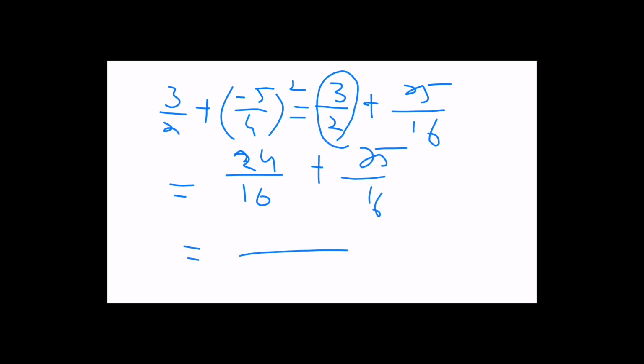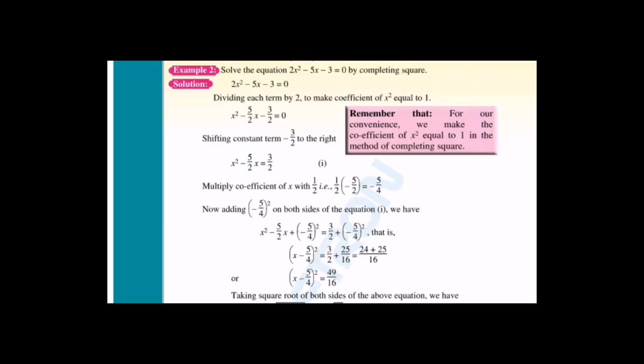So by taking LCM, 24 plus 25 becomes 49. So the right hand side becomes 49 by 16, and the left hand side is equal to x minus 5 by 4 whole square.